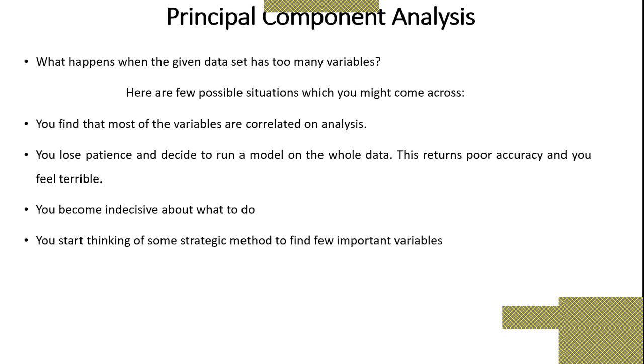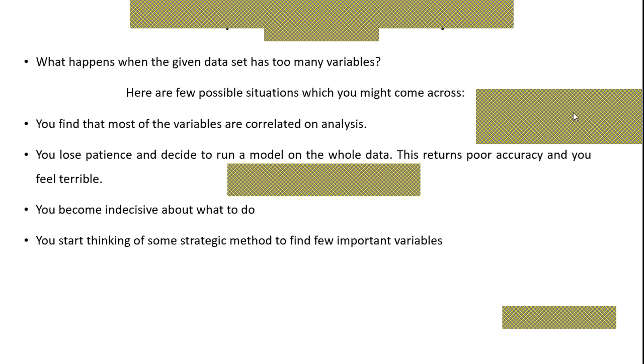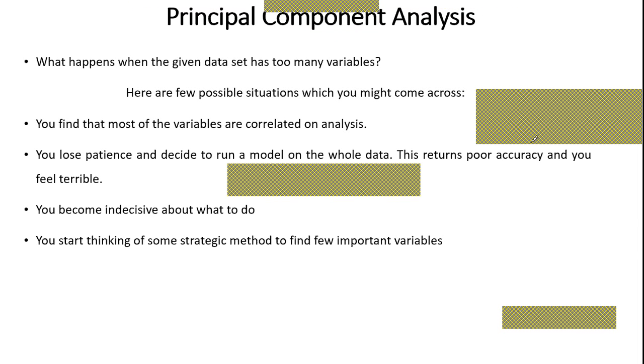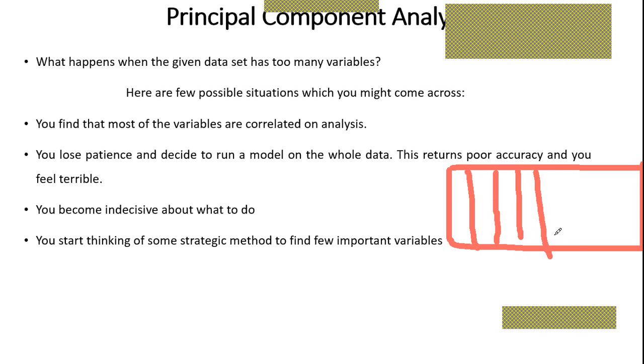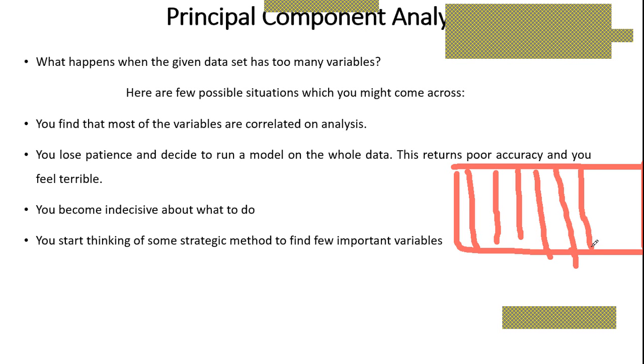So let us consider you have one data set, and in that data set you have a number of attributes, let us consider near about 100 attributes. So these are the 100 attributes, which means 100 columns.